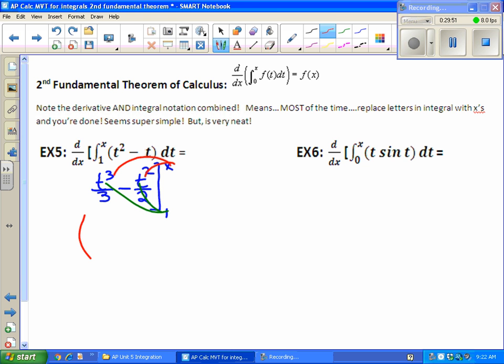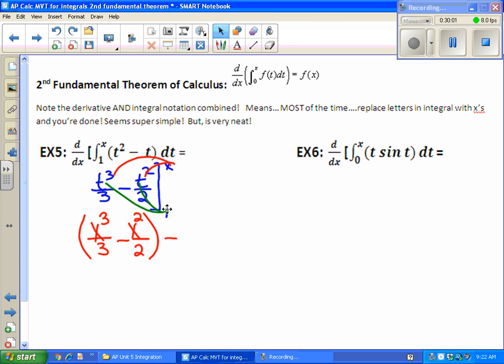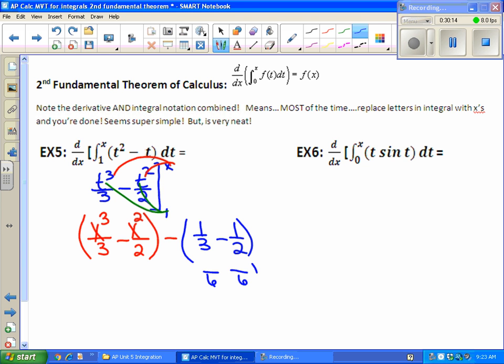So here we go. I'm going to say x is replacing t, x cubed over 3 minus x squared over 2. Then I'm going to minus what? Minus 1 goes in there. Is that just going to be 1/3 minus 1/2? All right, and if I find a common denominator, that's going to be 2 sixes and 3 sixes subtracted, which would be -1/6.